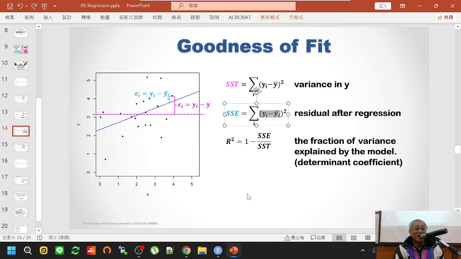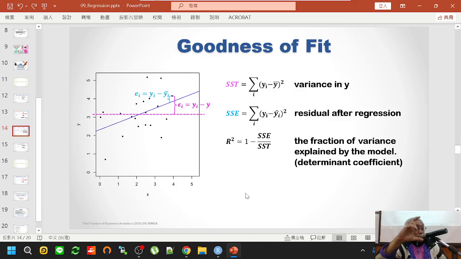So R squared is a very often used measurement of model accuracy. The good thing is that it always stays within 0 and 1.